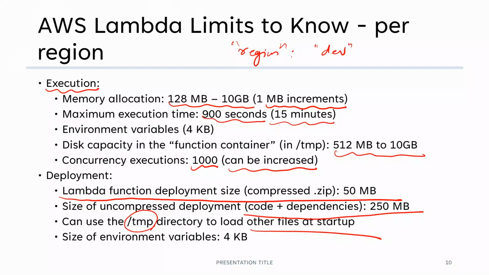You can store those dependencies in your function container or disk, which is /tmp. It will directly get the dependencies from that place, and that actually reduces the startup time. It will be one of your options in the exam. Environment variables are limited to 4 KB. We have already seen this. Okay, let us move forward.